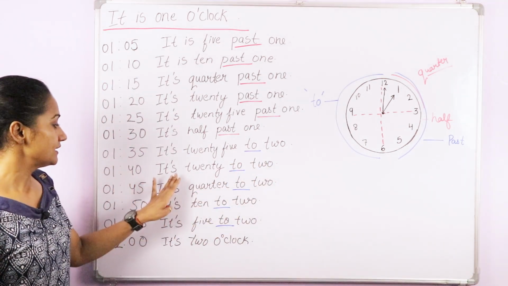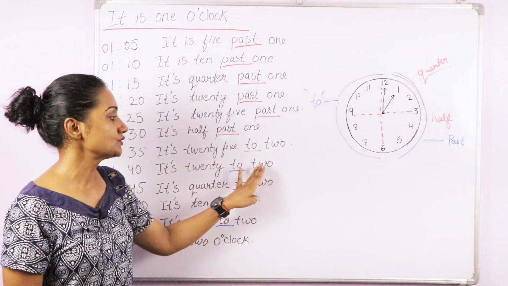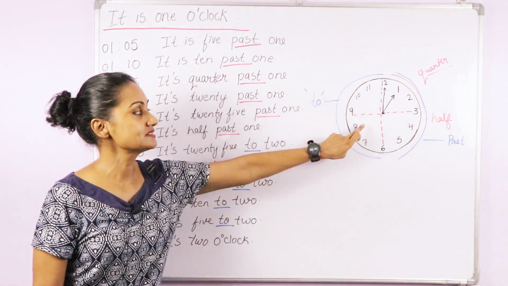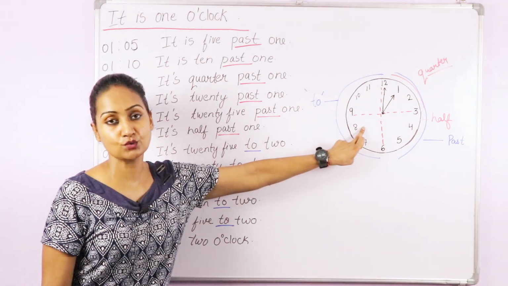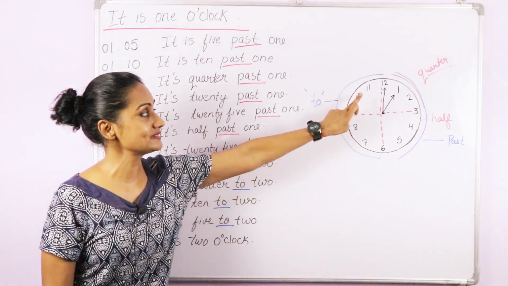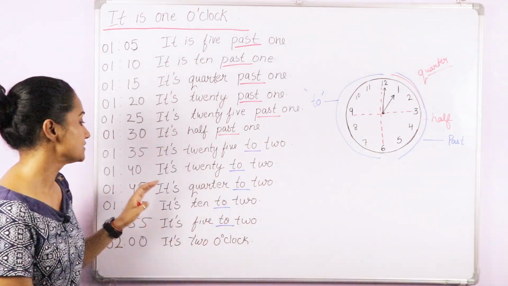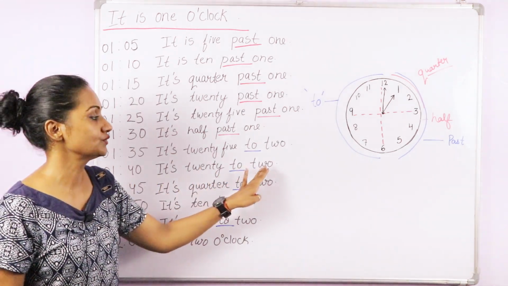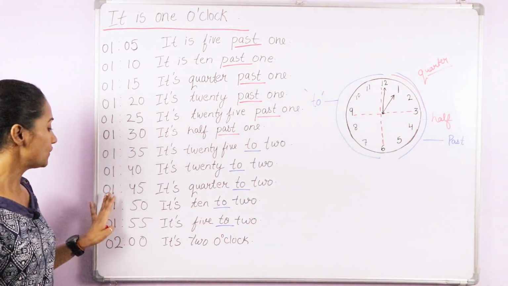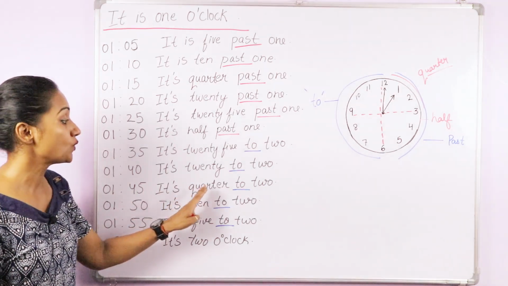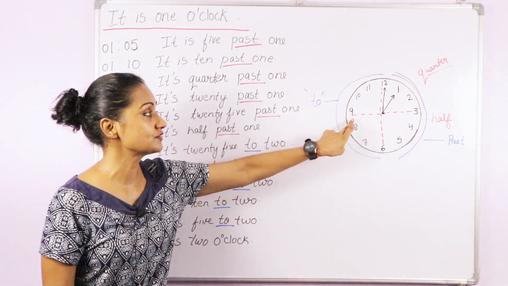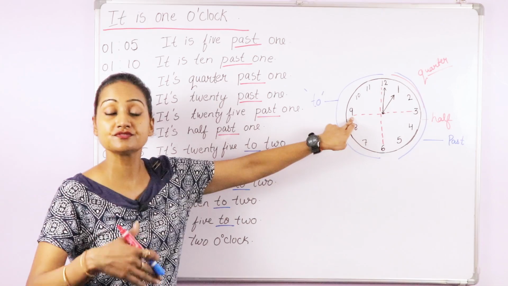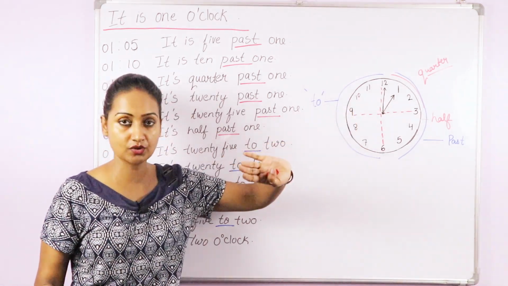1:40. It's 20 to 2. So 1:40 means your minute hand is over here, and after 20 minutes it will be 2. So it's 20 to 2. 1:45. It's quarter to 2, because 45 means after 15 minutes it will be 2 o'clock.